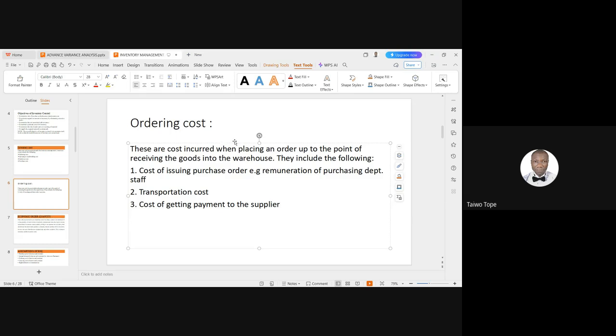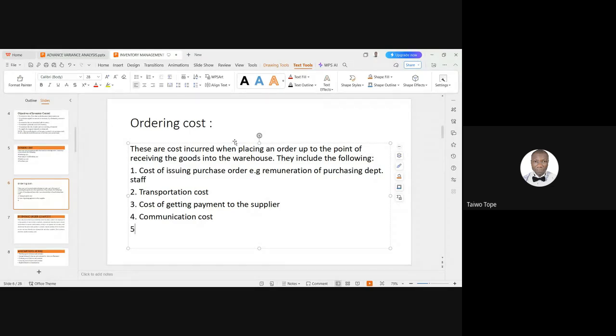Yes, when you are paying the supplier, there are some costs associated, especially in these days for those that do financial statement analysis, where you are trying to analyze your financial statement, the bank charges, all those things, costs you have to consider. Likewise, communication costs.